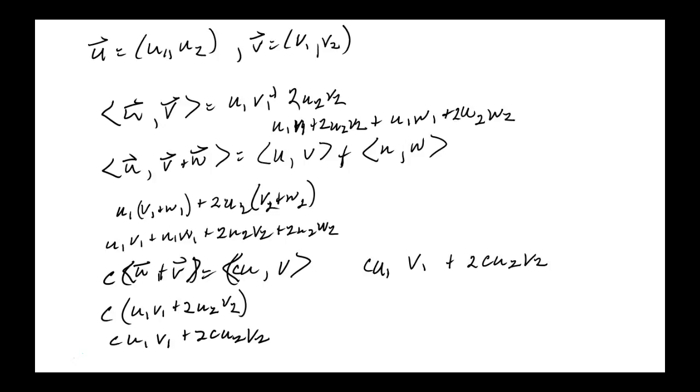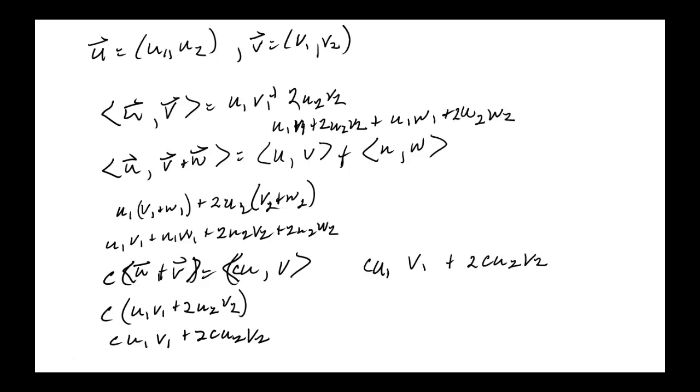The last one is that U, U is greater than or equal to 0. We assume that it is, therefore it is. Or we demand that it is. No, U dot U, I'm sorry.